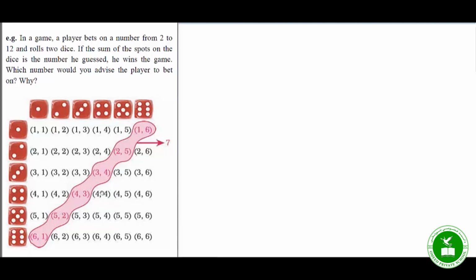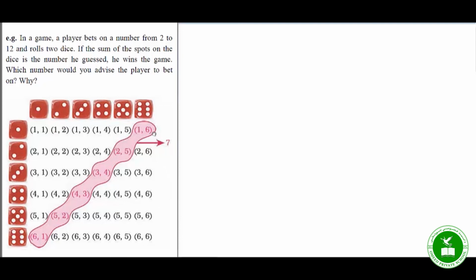And for 8 we have again 5, for 9 we have 4, for 10 we have 3, for 11 we have 2, and for 12 we have only one choice, which is 6 plus 6. Both of the dice must be 6 and 6.